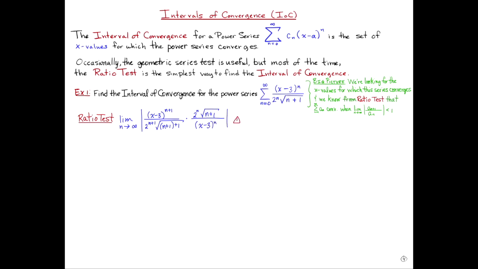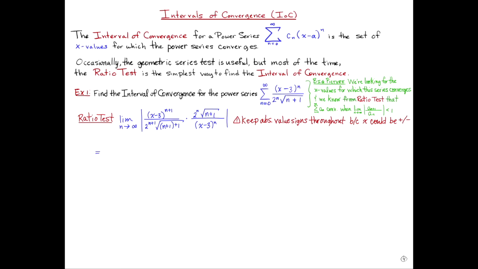Unlike in last lecture, where we could drop the absolute value signs as soon as we dropped the alternating part of the series, here we need to keep the absolute value signs the entire time because x could be positive or negative.